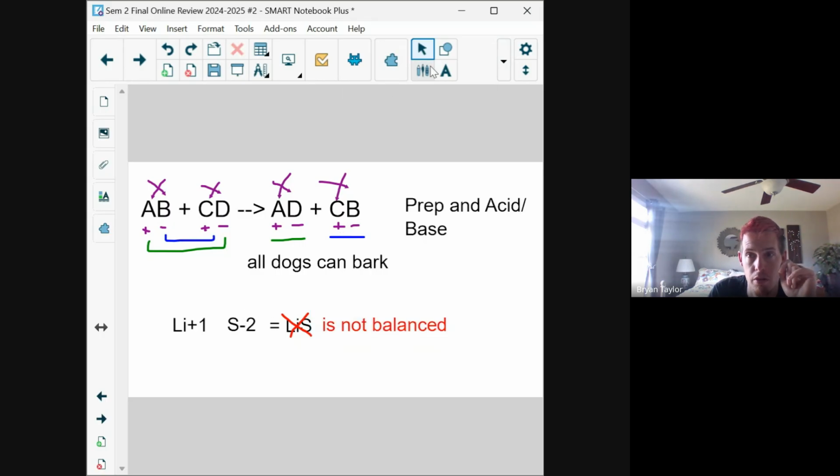What does work is this. The correct equation is Li2S1.